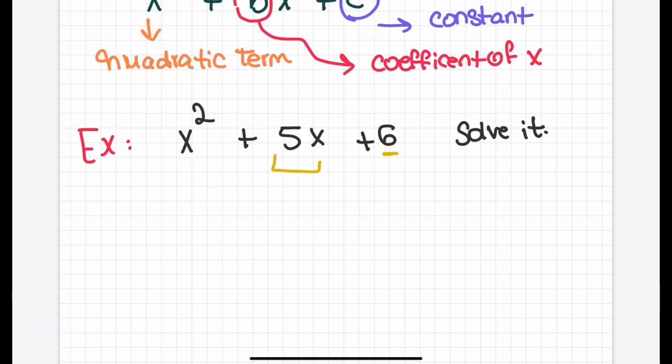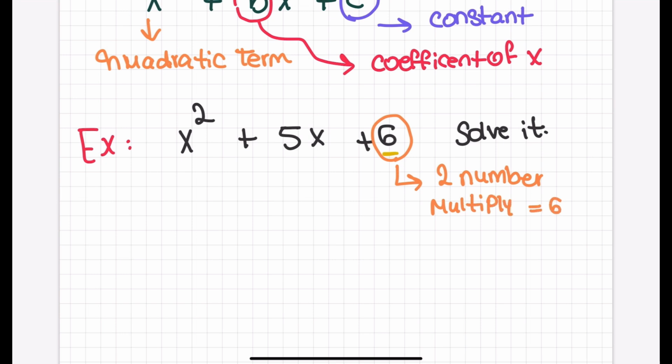Regarding the 6, you need to think of what two numbers, if I multiply them together, give me 6. I'm just going to write down two numbers multiply, equals 6.